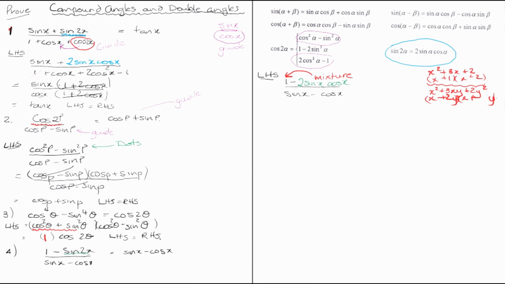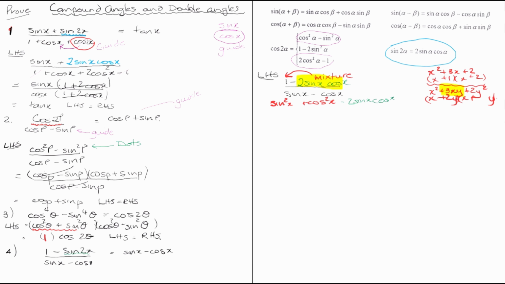Now in trig, you need to notice that we have a mixture. Here we have a mixture. So when you have a mixture with a constant, it is common to write that one as sine squared plus cos squared, and put the rest in the middle, which is your minus 2 sine x cos x.